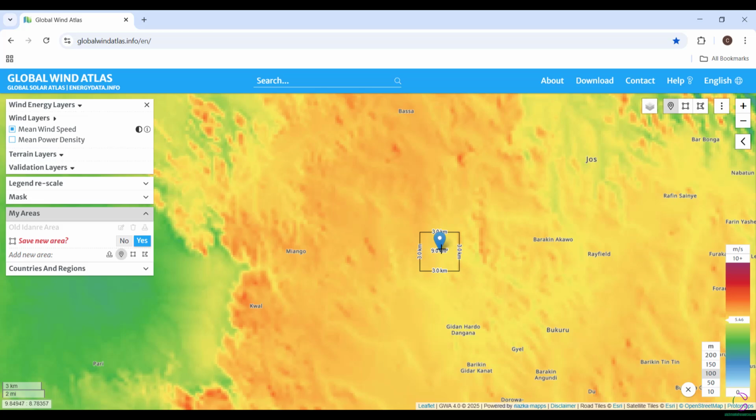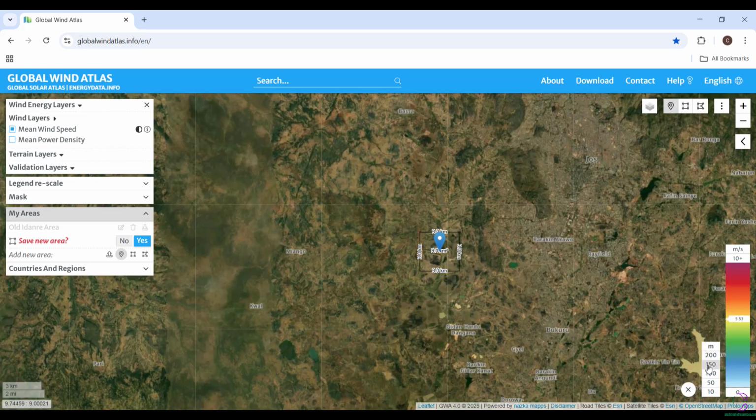And even if you say at 150 meters, because there are some locations that if you go higher, it's possible to get good wind speed. But in this case, regardless of how high you go, you realize that you may not still get sufficient wind speed to power the wind turbine.